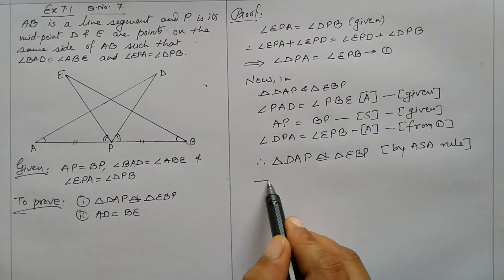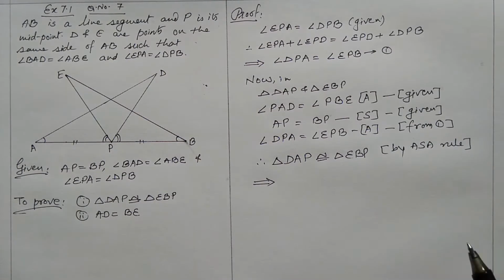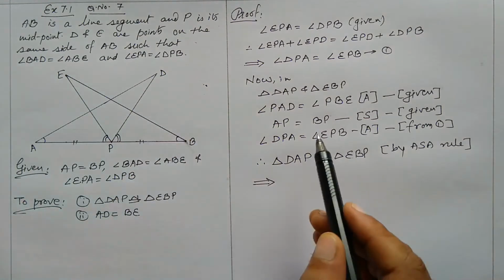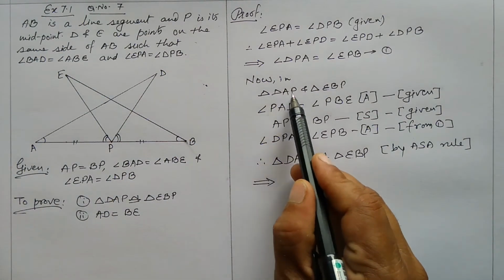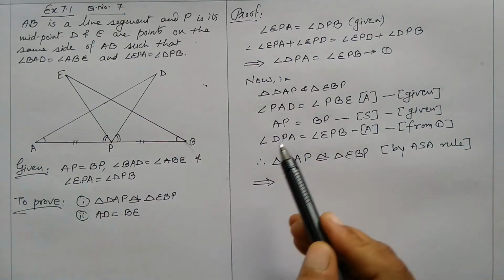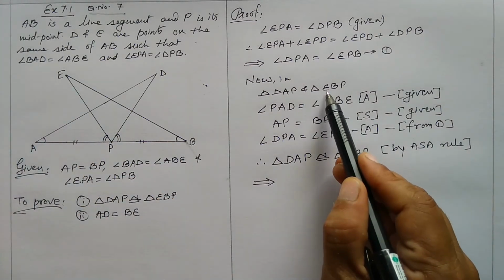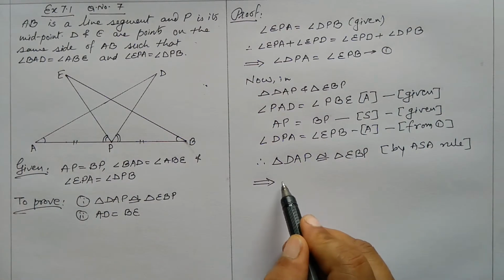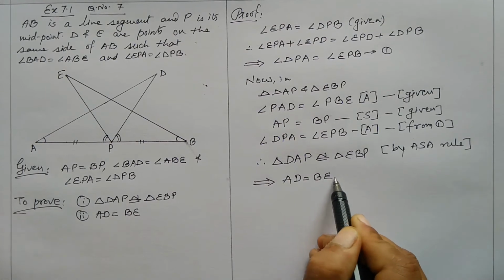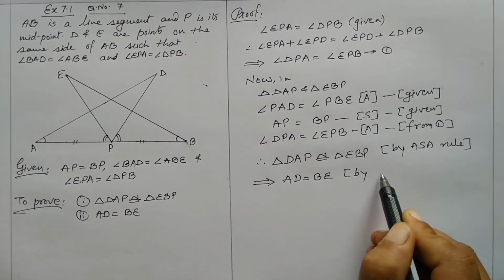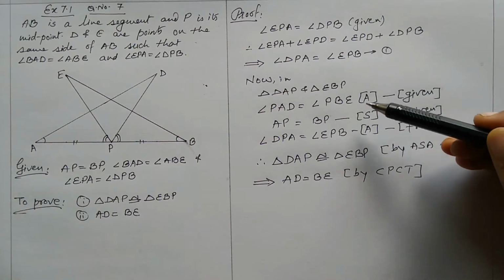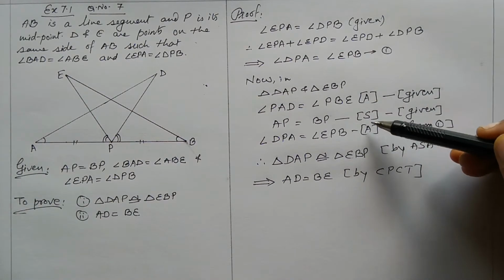Once these triangles are congruent, corresponding parts are congruent. So we will write AD is equal to BE. What is AD? AD is a side of triangle DAP, and BE is a side of triangle EPB. So AD is equal to BE by CPCT. See students, how I am writing here: a pair of corresponding angles as well as sides.